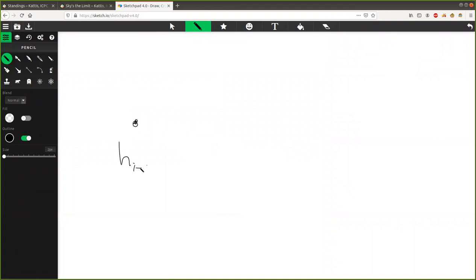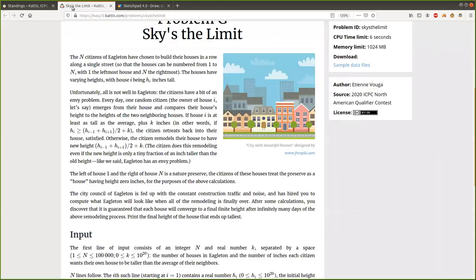So what exactly is that value? Let's say we have hi minus 1 and hi plus 1. So the condition is that it's bad if a house is below the average of the 2 neighboring houses, plus k.